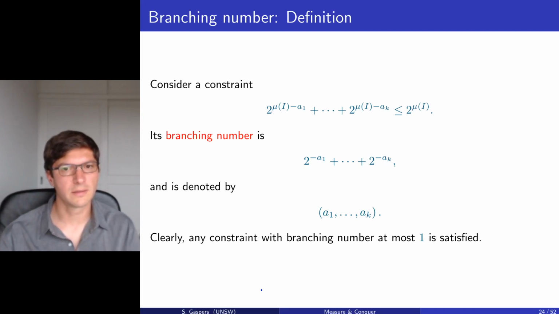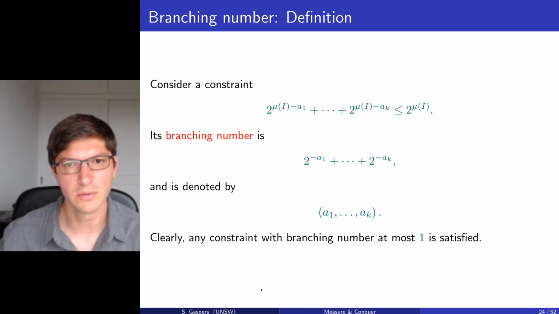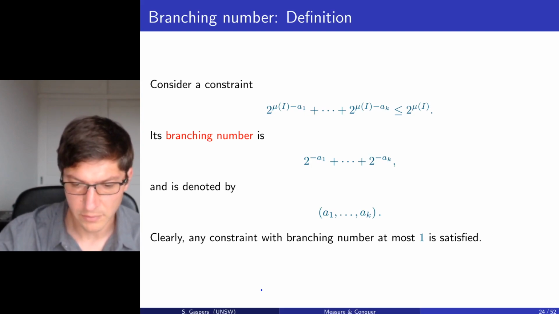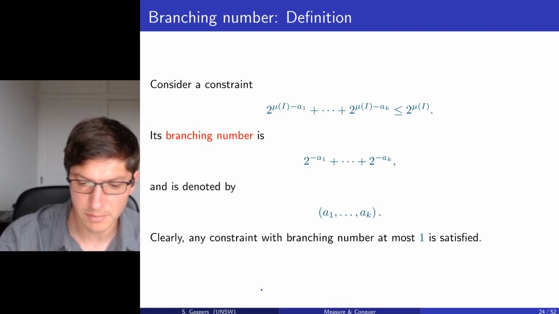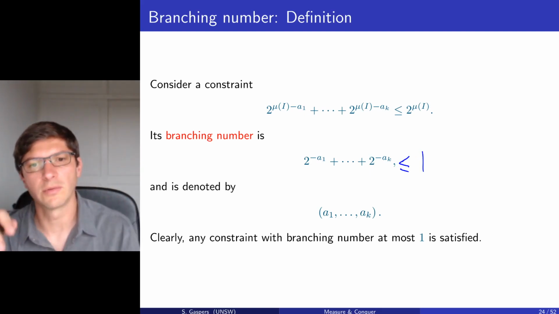Then, if we divide everything by 2 to the power mu, the constraint we get is that 2 to the power minus a1, etc., plus 2 to the power minus ak is at most 1. So this is the constraint that we get.